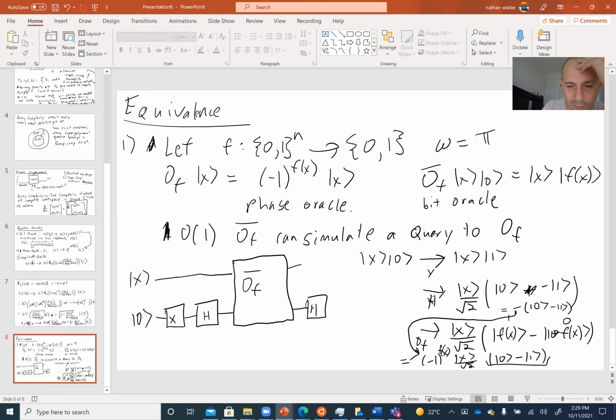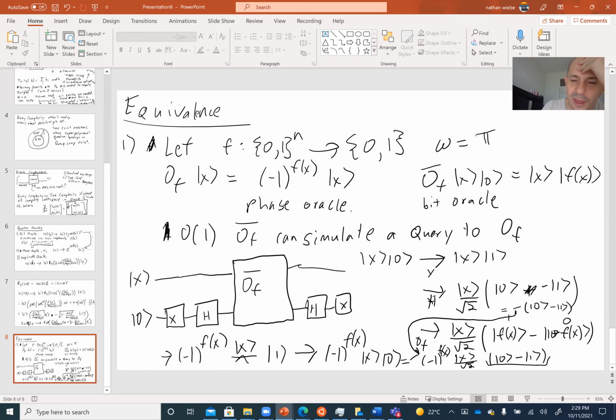This Hadamard gate will map the state to (-1)^f(x) times |1⟩. And now we put it through another NOT gate. And this will just go to (-1)^f(x) |0⟩. And there you have it.